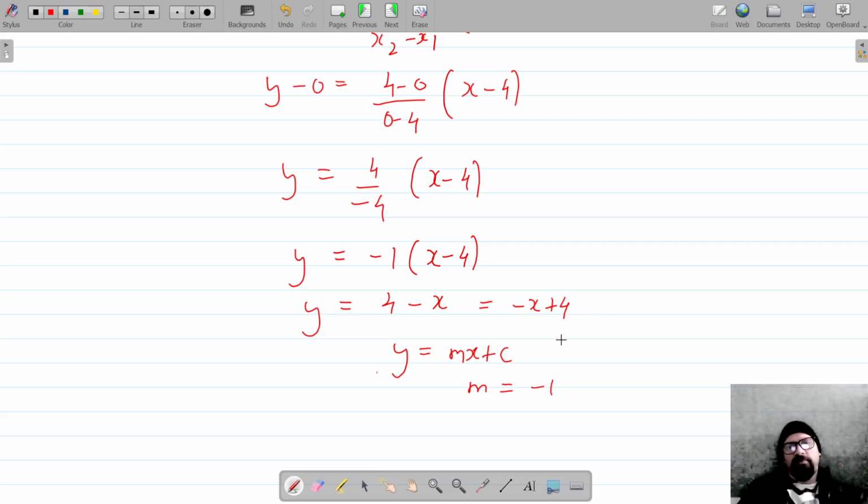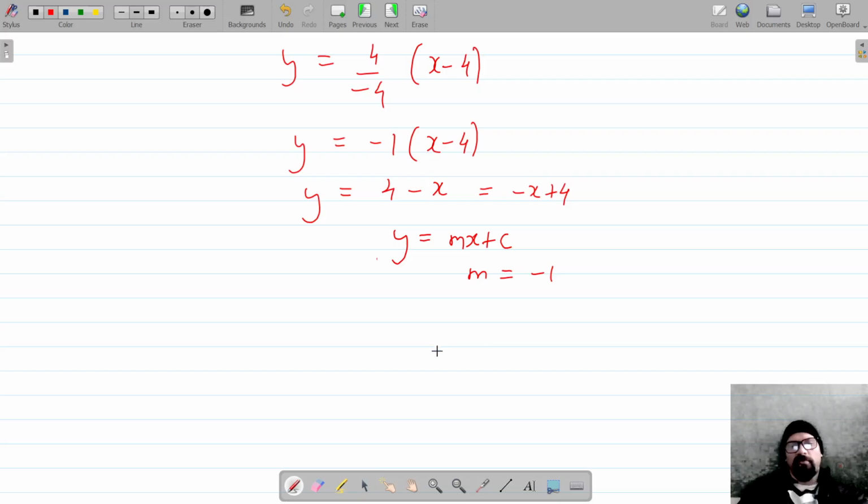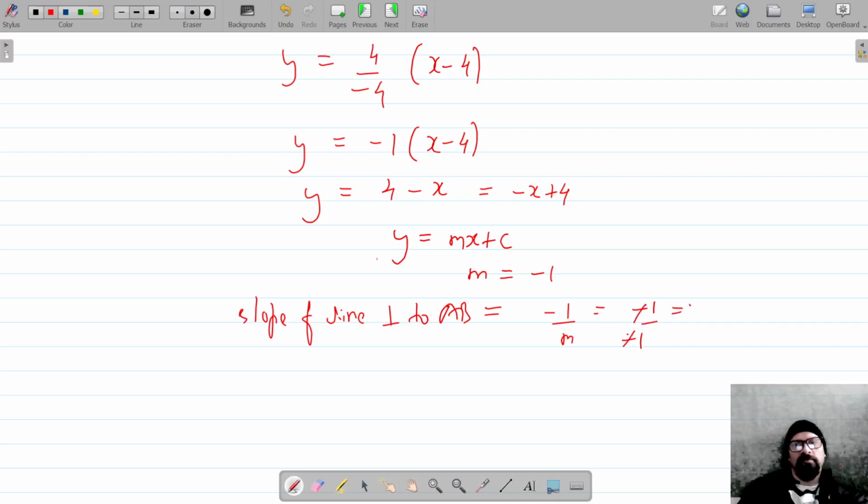Now, if two lines are perpendicular, then the product of their slopes is equal to negative 1. So m1 into m2 should be equal to negative 1. The slope of the line perpendicular to AB should be equal to negative 1 upon m, which gives us 1.